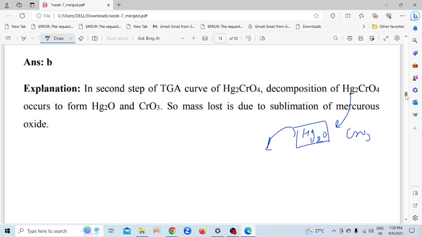Now this confusion can occur, whether it is mercurous or mercuric. Mercury can be found in two oxidation states, Hg2+ and Hg+. Always the higher oxidation state is called -ic and the lower is called -ous, mercurous. Here you can say oxygen is -2.